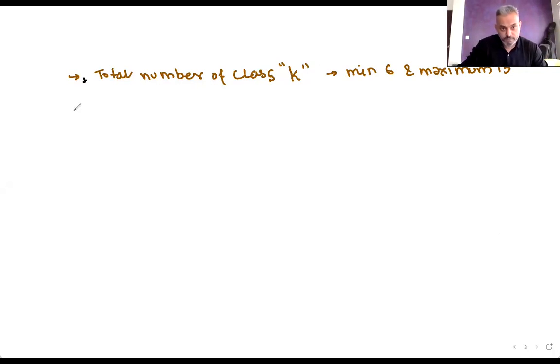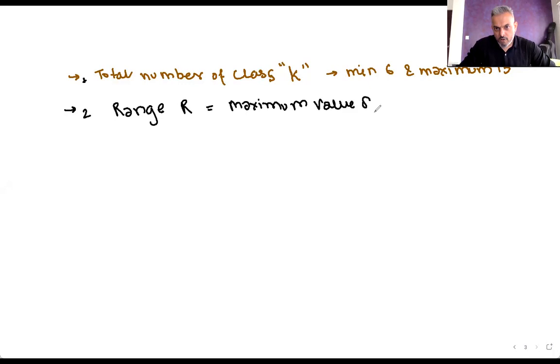First, second, range. What is a range? Range is denoted by R. So range R is equal to maximum value of observation minus minimum value of observation.